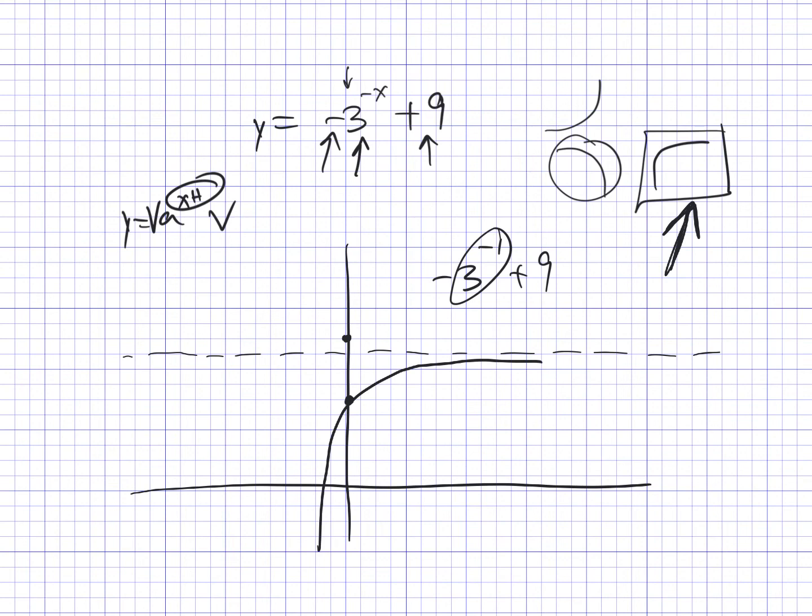It flips 3 to the denominator, so the negative stays there. You have negative, and the 3 goes to the denominator, leaving a 1 on top, plus 9. That's going to be positive 8 2/3. So at 1, we're at 8 2/3, which is right there.